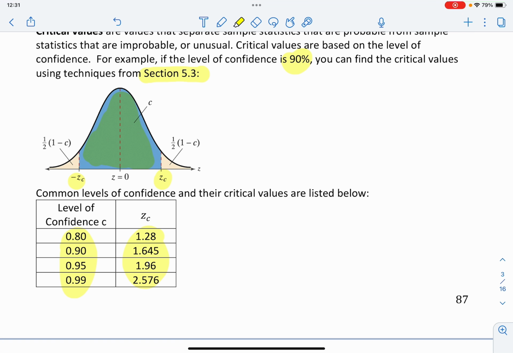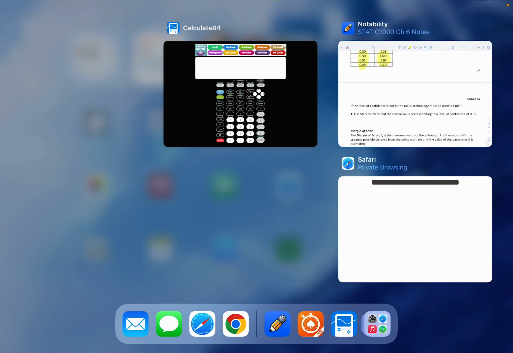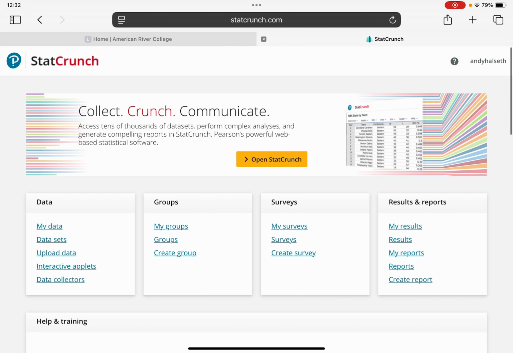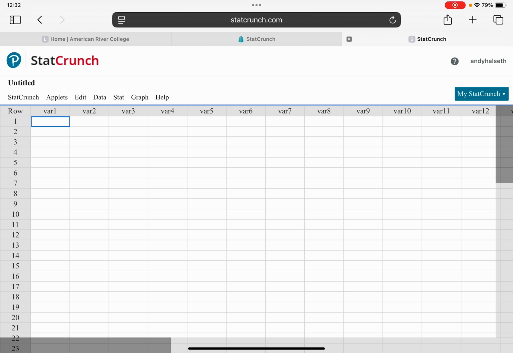Now, there is a StatCrunch method if it's not in that little table that we can use, right? So that'll be our next little task here. So if the level of confidence is not in that table, here's how we can find it. And we did this in 5.3, but we'll review it here. So if I pull up some StatCrunch, we want a level of confidence of 85%. So I'm just going to open a blank StatCrunch page, and we're going to our normal calculator.